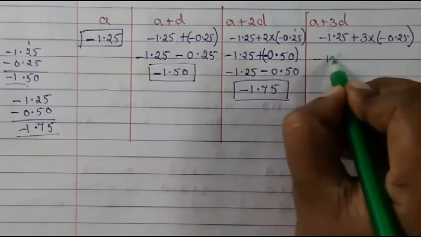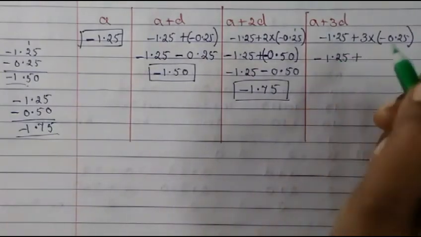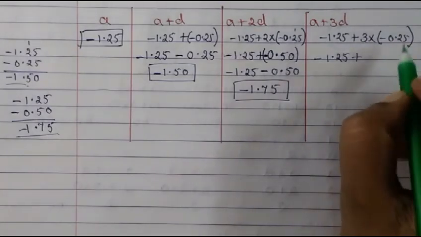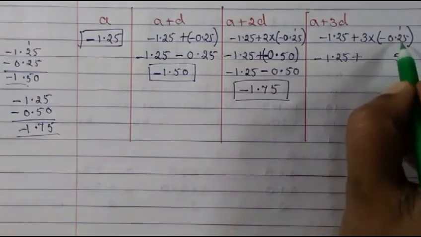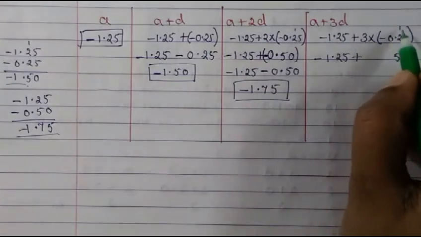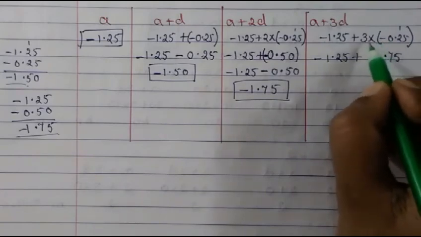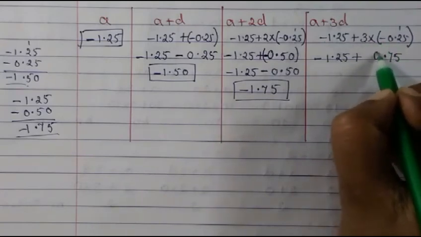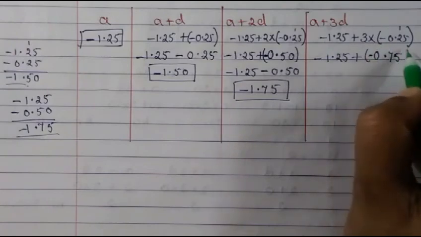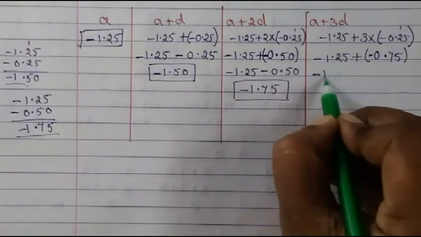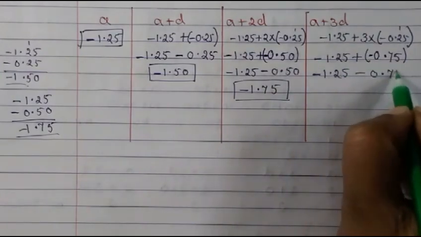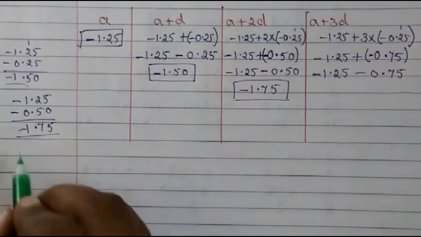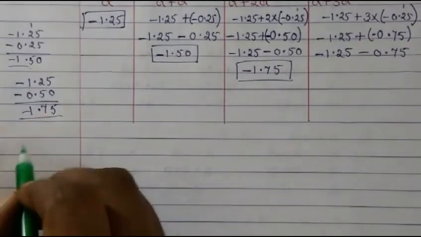So minus 1.25 plus, so we multiply 3 5s are 15, so 5, 1 carried, 3 2s are 6, then plus 1 is 7, then point, then with 0 when you multiply 3 it will become 0, and we have minus here, so minus. So now minus 1.25 plus into minus 0.75. So add the same way.